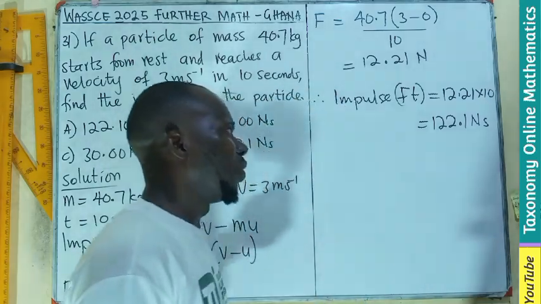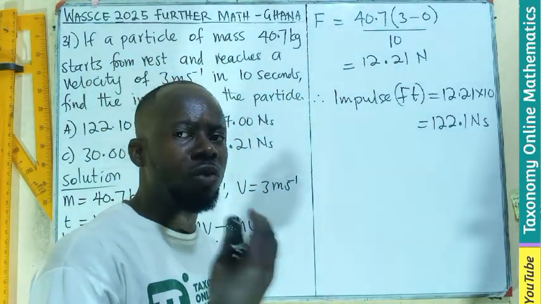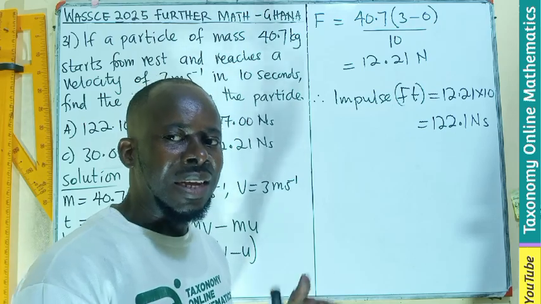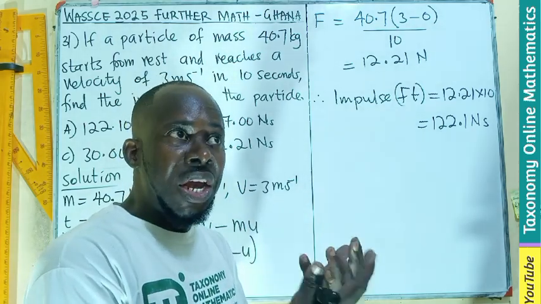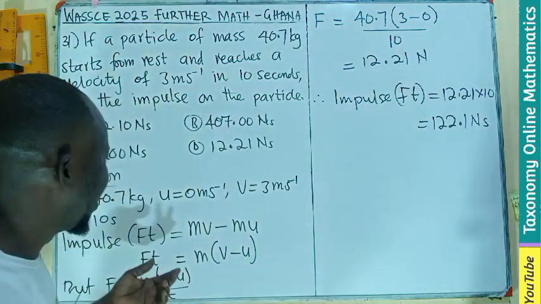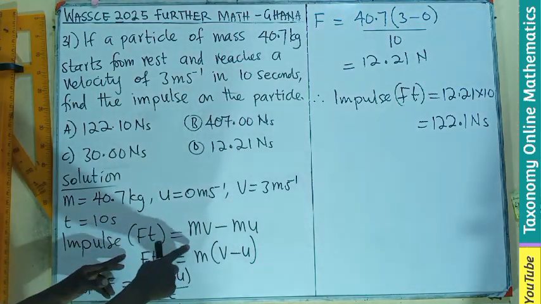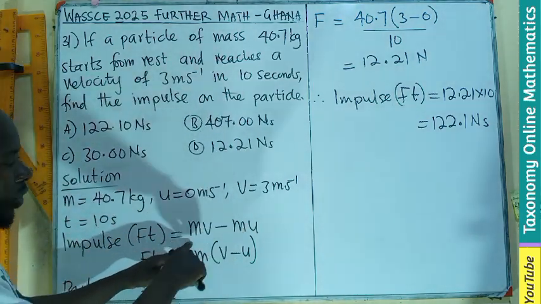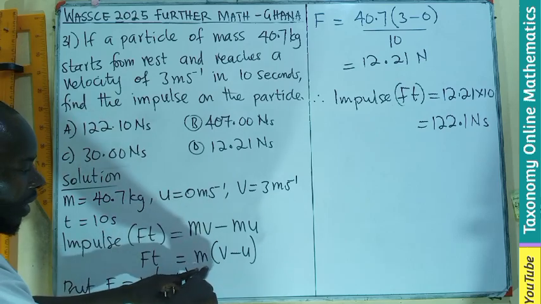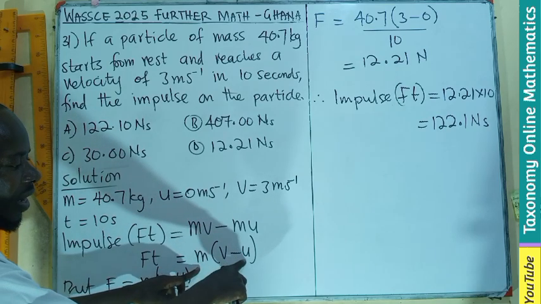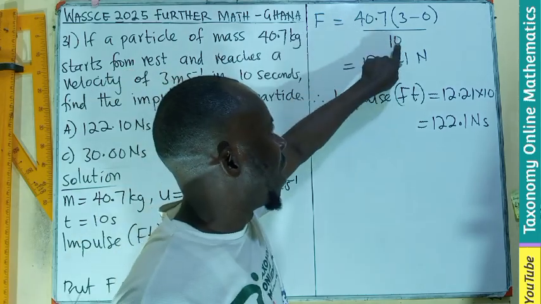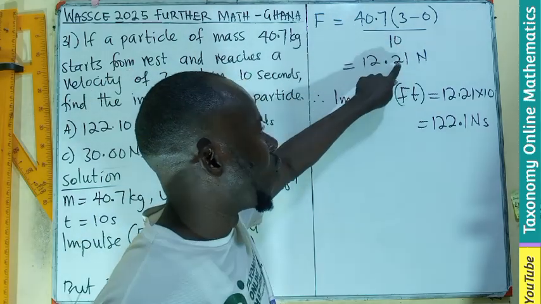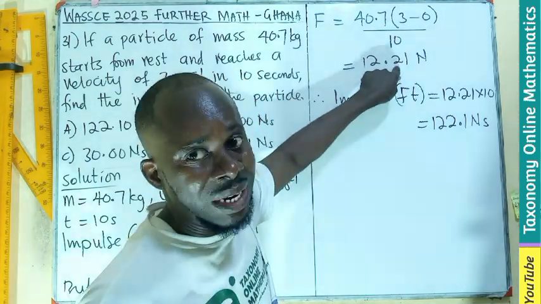Now, if we want to solve this without making use of the time, we can only say that the impulse is equal to the change in momentum right away. The change in momentum, we ignore the time. So the value will be 3 times 40.7, without the division by 10, which gives you 122.1 directly.